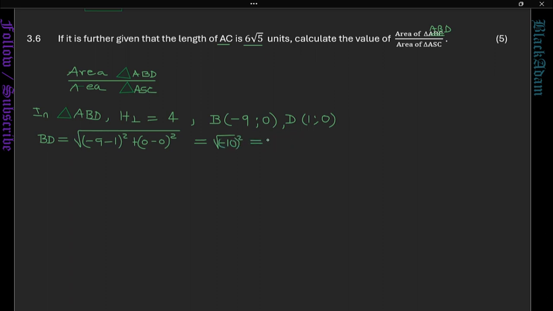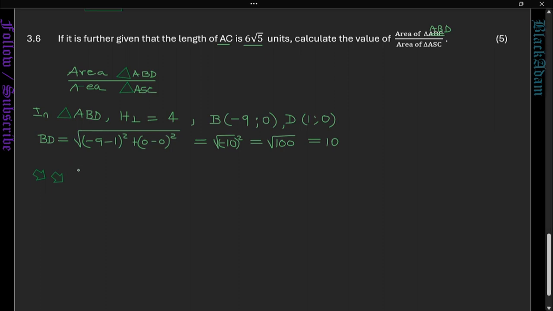So that's going to be root 100, and the root of 100 is 10. Now the area of triangle ABD is going to be half our base. Remember our base is 10.